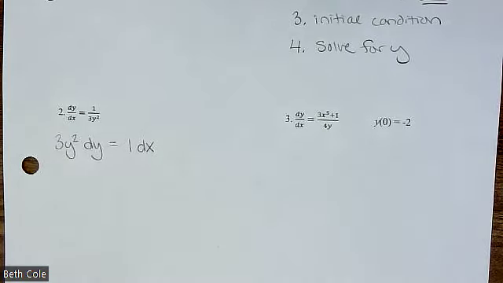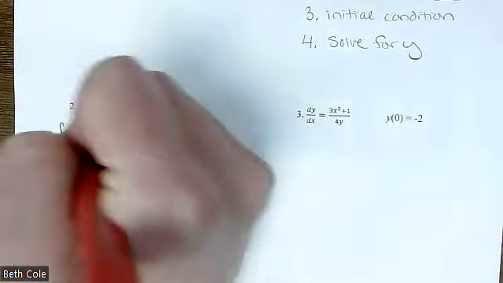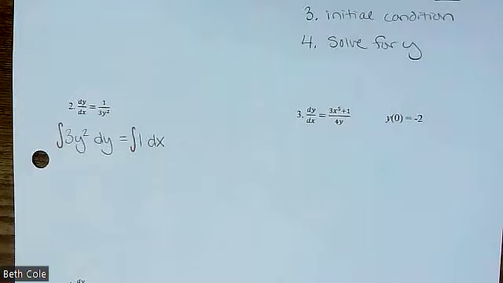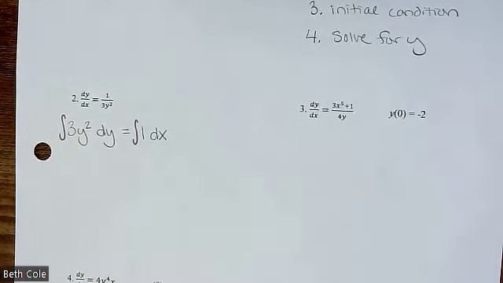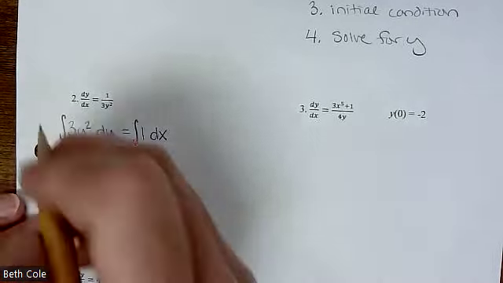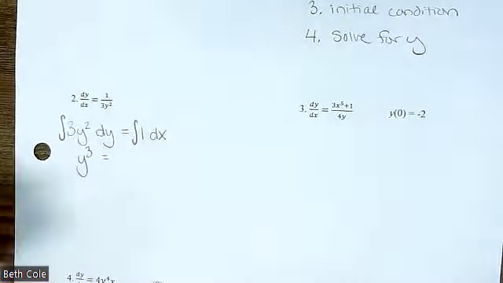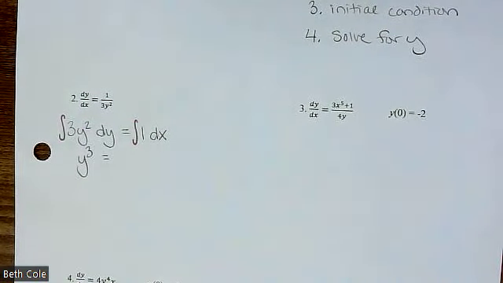So we did step 1. We separated the variables. Your next step is to do the antiderivative. So I try to make that look different. So what have you got? What's your antiderivative for 3y squared? Y cubed equals, and then what's an antiderivative of just 1?